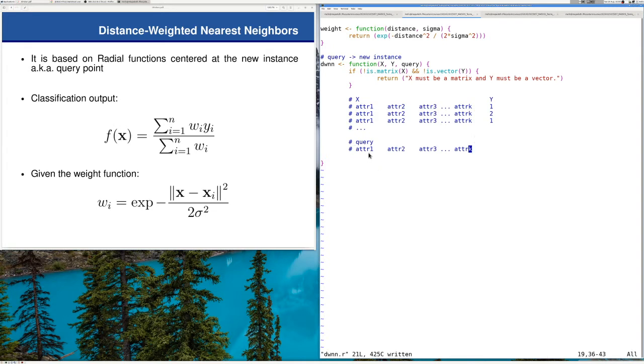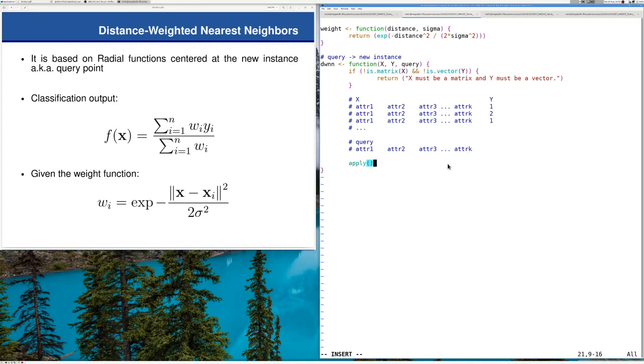I have to verify the difference from this to this, from this to this, and from this to this, to compute the distance from this query to the first example in my input matrix X. The same is going to happen for the second example in comparison to the query, and the third example in comparison to the query. Of course, we have an easy way to perform that.